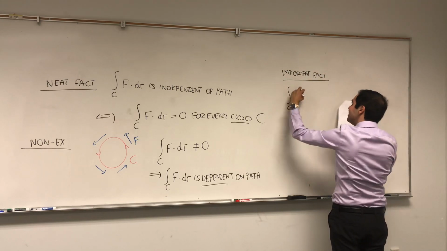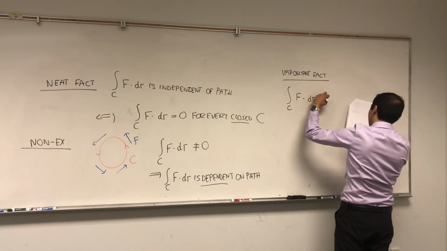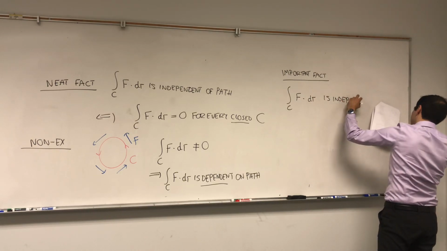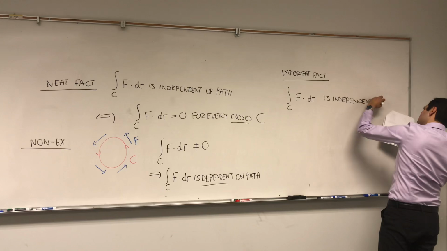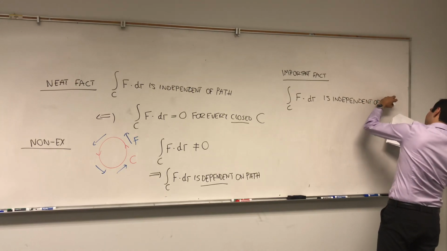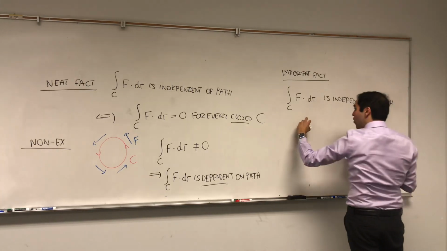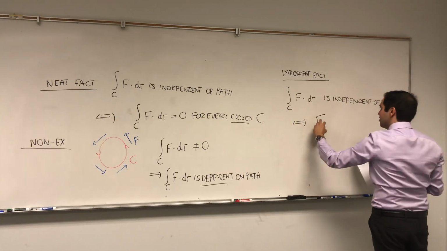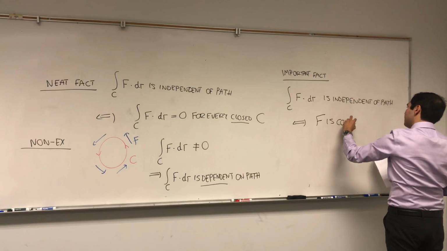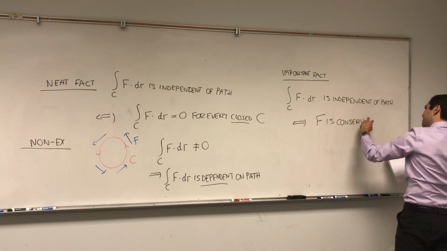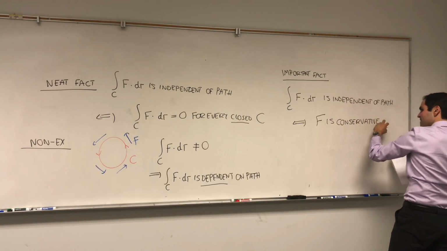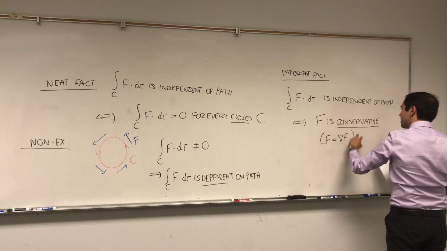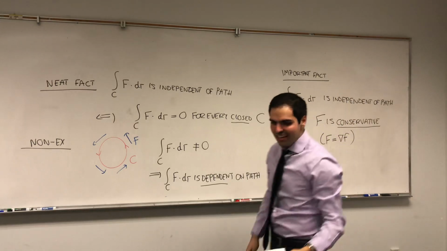Namely, the line integral is independent of path if and only if the vector field F is conservative. In other words, F is the gradient of some function, little f.